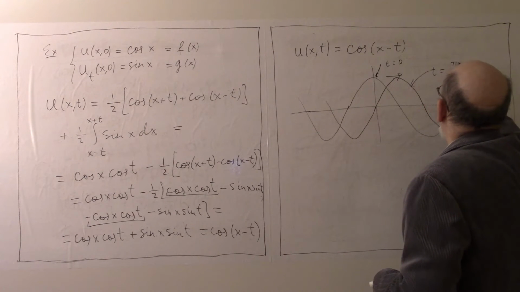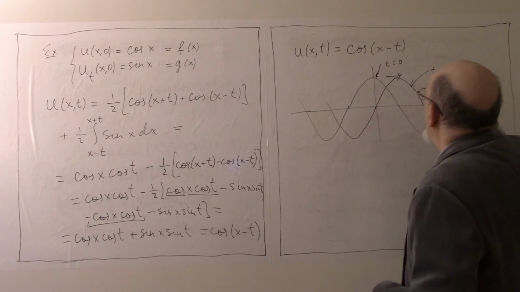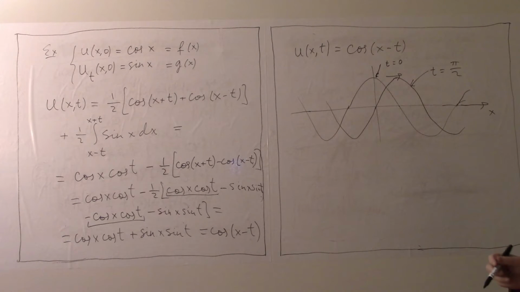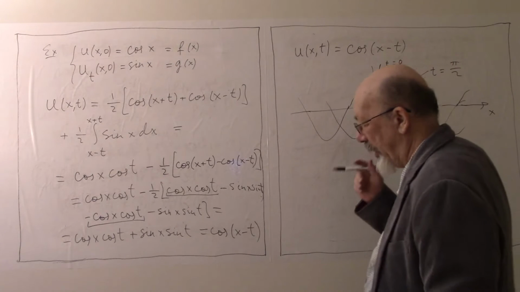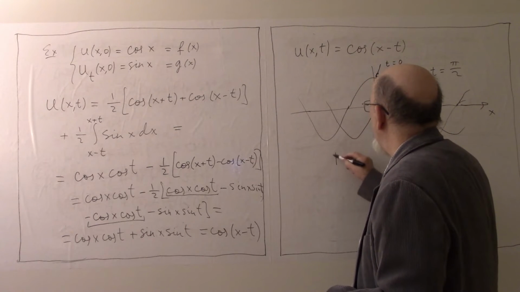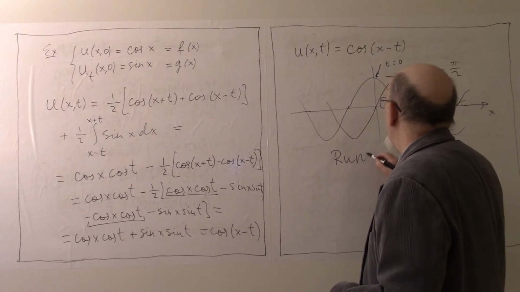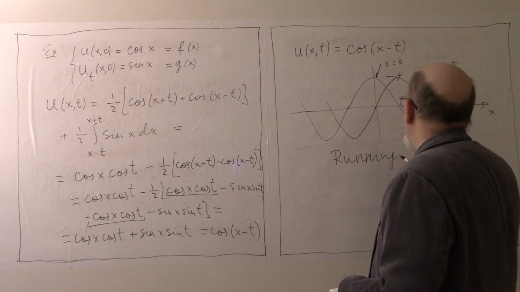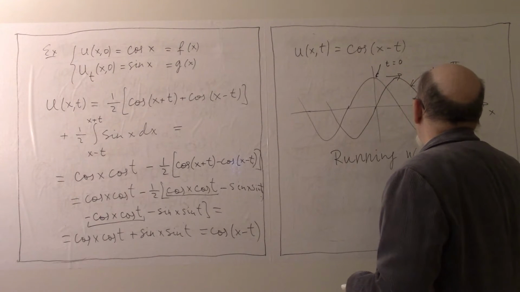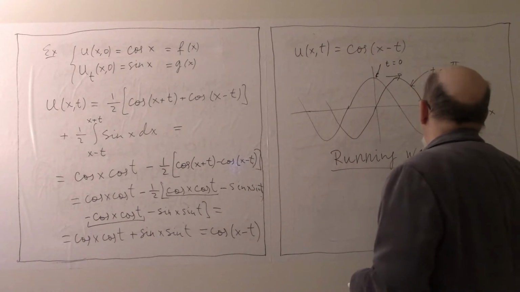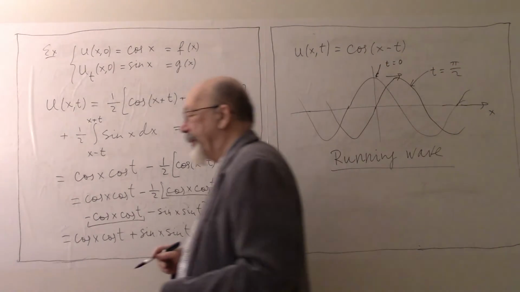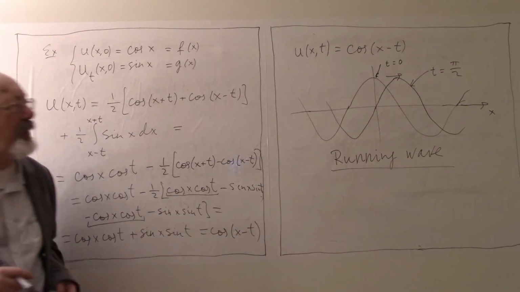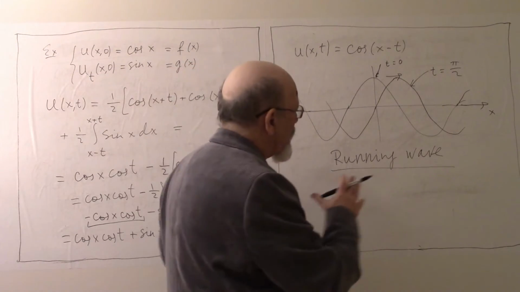T equal pi over 2, and so on. What we got is called a running wave. So this wave which is moving.